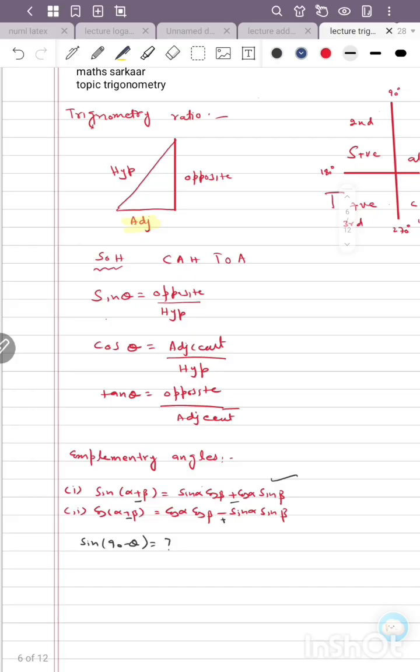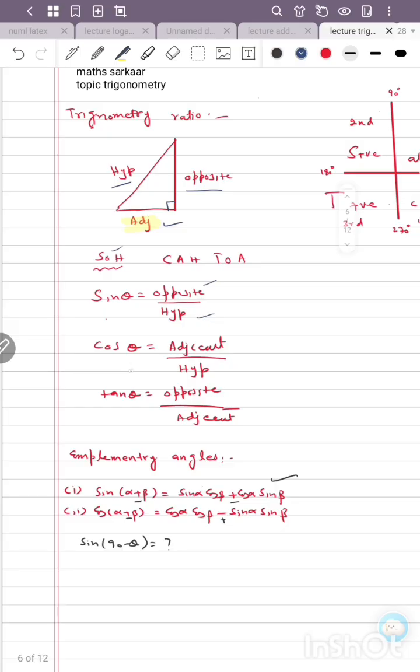Okay, dear friends, this is our opposite, in the triangle this is our hypotenuse, and this highlighted is our adjacent. So we have to memorize the formulas. S means sine theta equals O, our opposite, over H, our hypotenuse.